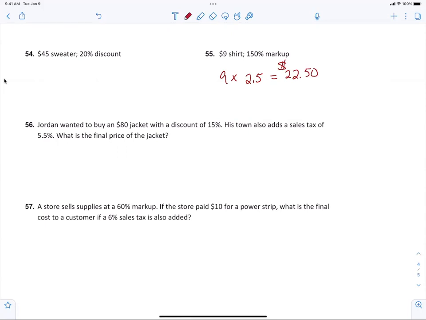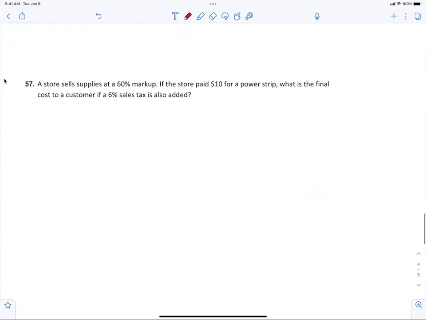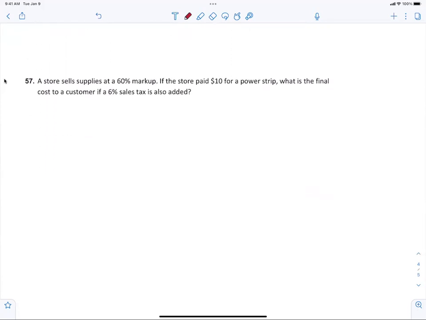All right, very good. All right, Mikey, you get to read 57. A store sells supplies at 60% markup. The store pays $10 for a tablet strip. What is the final cost to a customer if a 6% sales tax is also added? All right, so let's first find out what they're going to charge the customer.